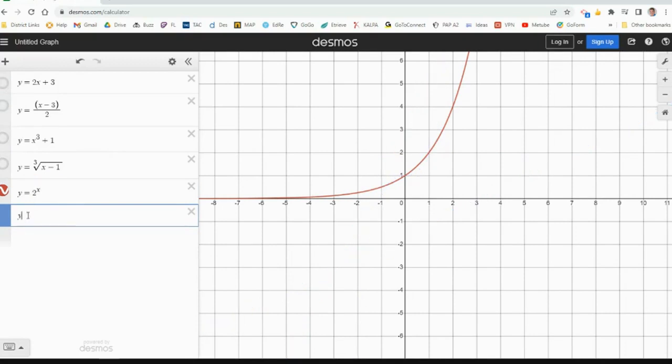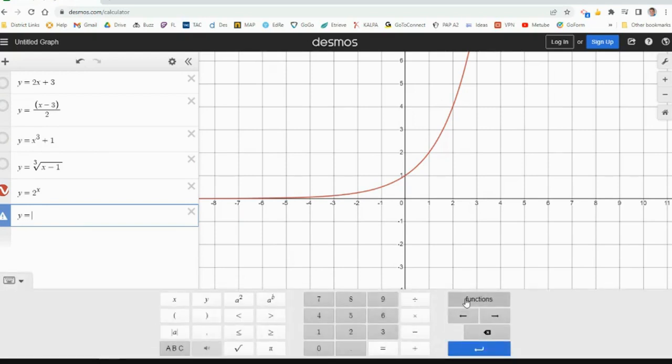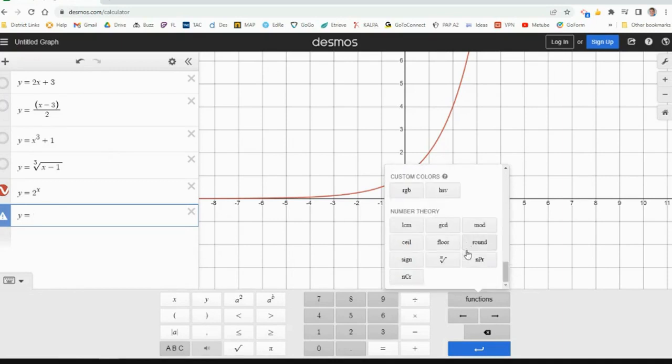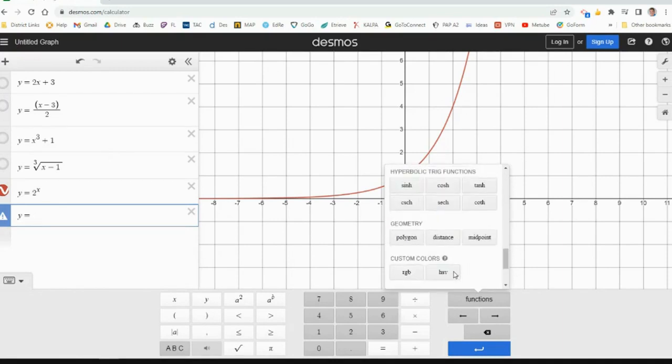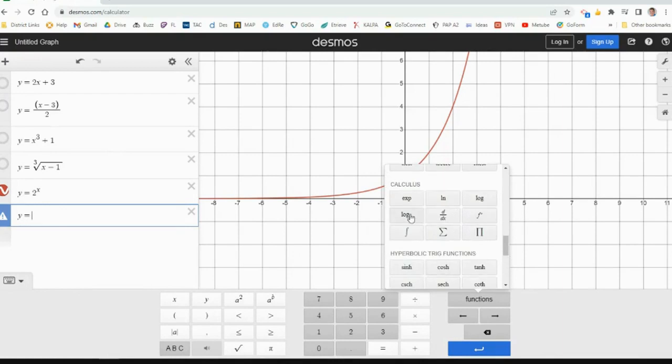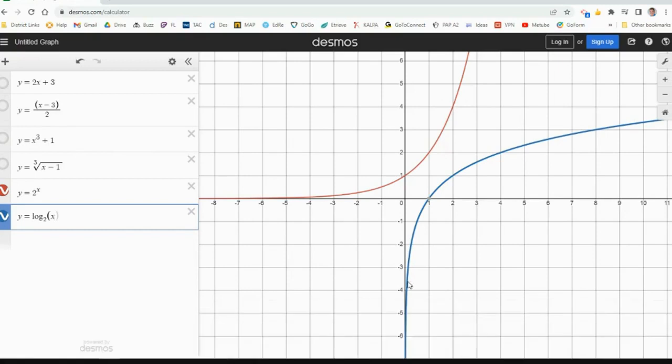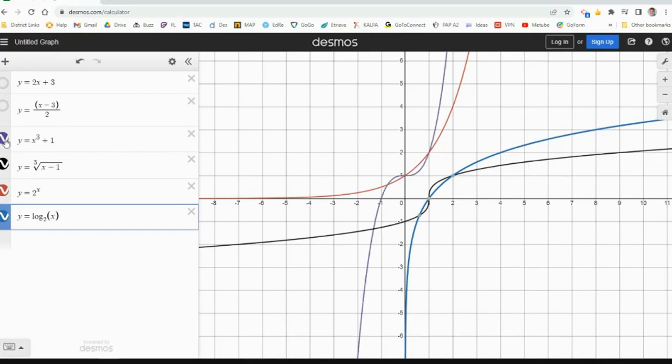And y equals, let's see, I think I have log functions down here. There it is. Log base 2 of x. So there's the logarithm ones. There's the x cubed with the cube root one.